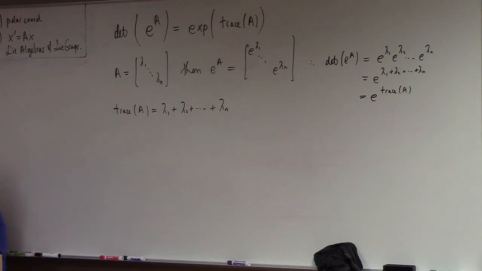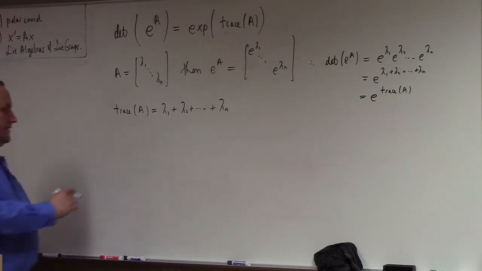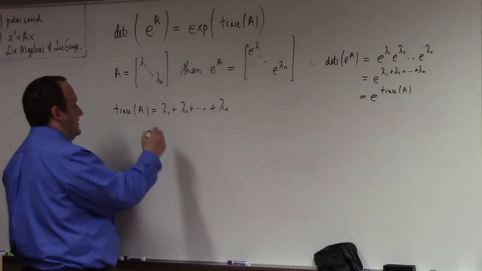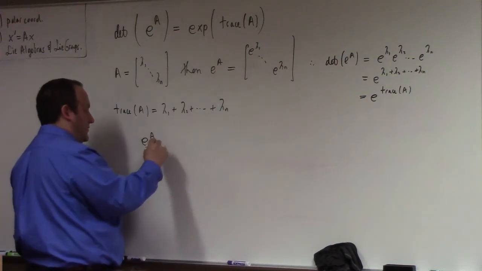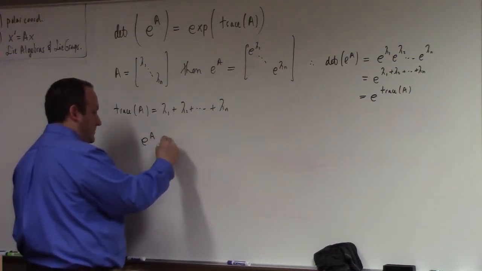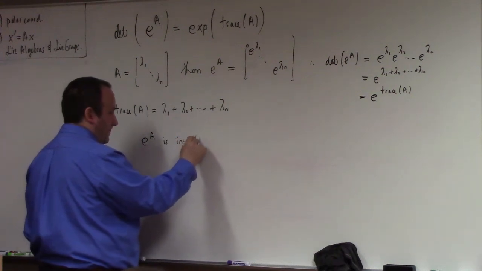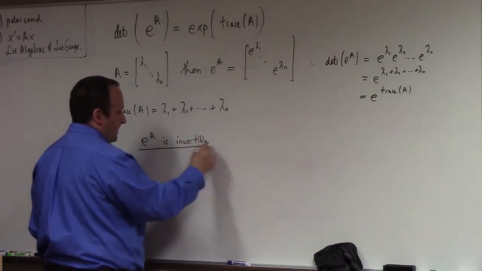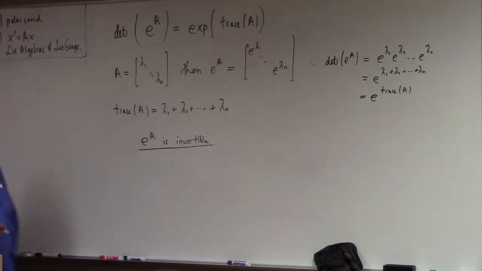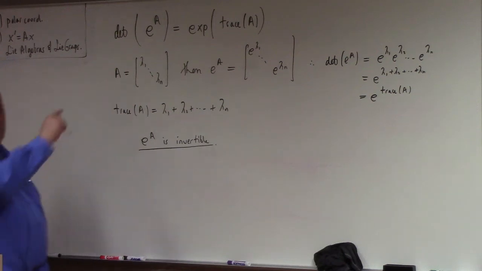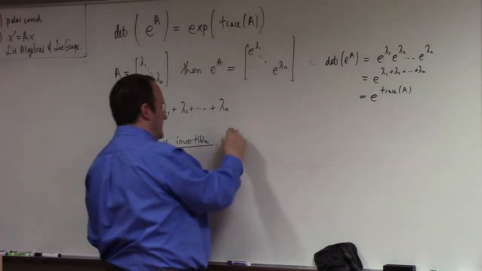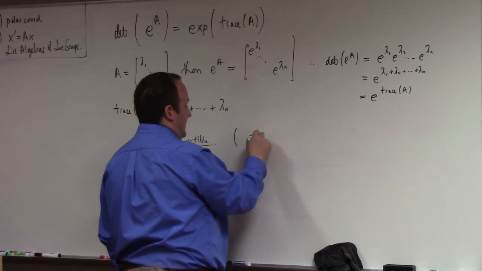And so what does this tell us, by the way? What does it say about e to the a? Well, I guess we already knew this. e to the a is what? Invertible, right? But you can even see it more explicitly from here, right? Because e to the trace of a is what?